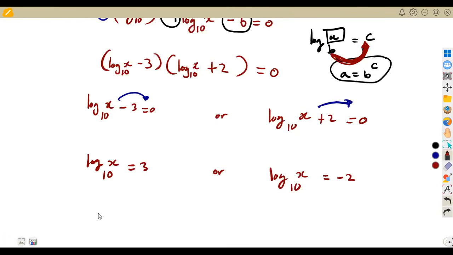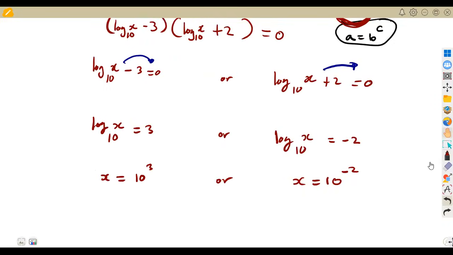Our x will be equal to the base, 10, to the exponent of 3. Or we do the same thing: x must be equal to the base to the exponent of the answer, which is 10 to the exponent of -2.